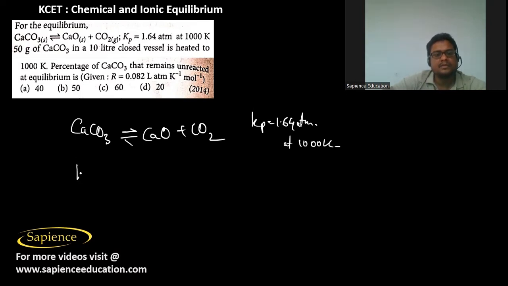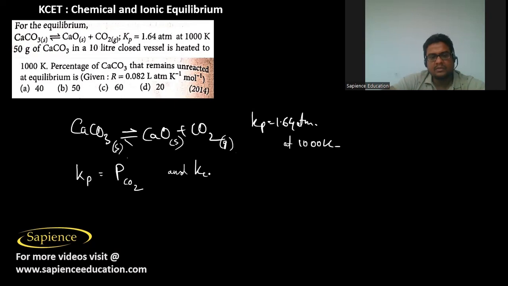So now here, if you write Kp, CO2 is gas, calcium oxide is solid, and CaCO3 is also solid. So Kp will be equal to the partial pressure of CO2. And Kc also will be the concentration of CO2.